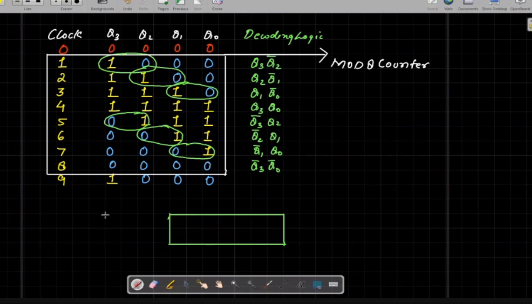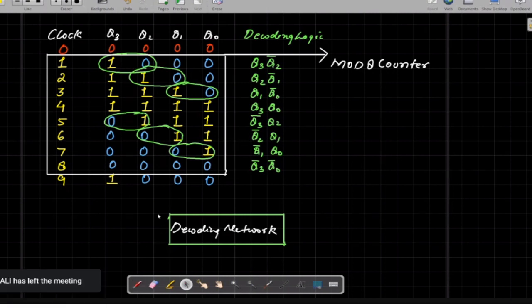Okay, this is decoding network. A decoding network is required, and of course the input and output of this decoding network will be connected with the Johnson counter.